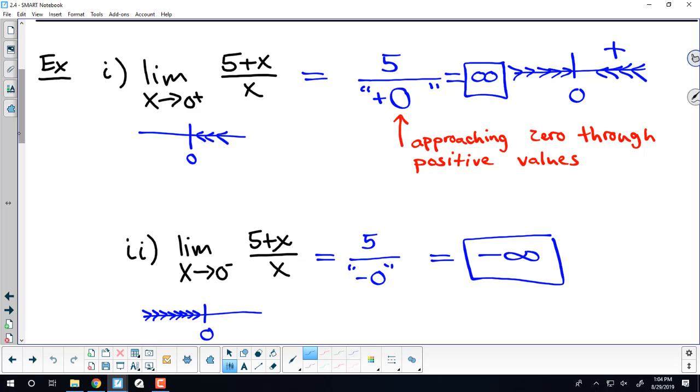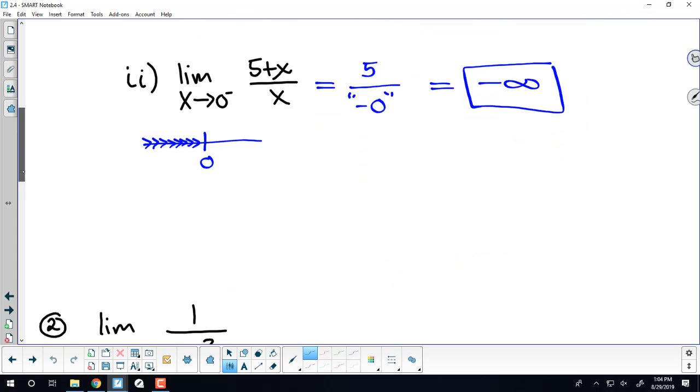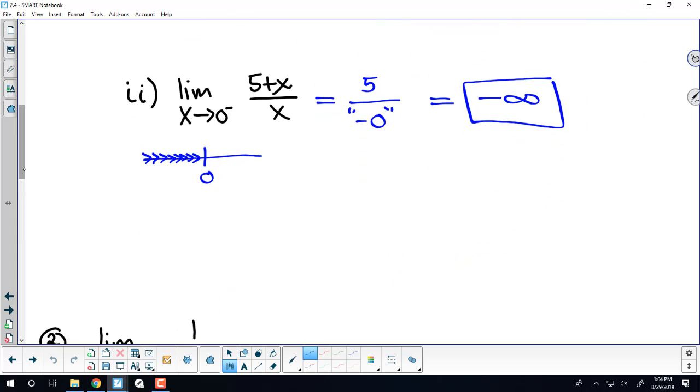In the sense of this function, (5 + x)/x, if I were to look at the graph, I only know a little bit of information about it so far with this limit. But x is approaching 0 from the left and from the right. As I approach 0 from the left, my function values dive off to negative infinity.